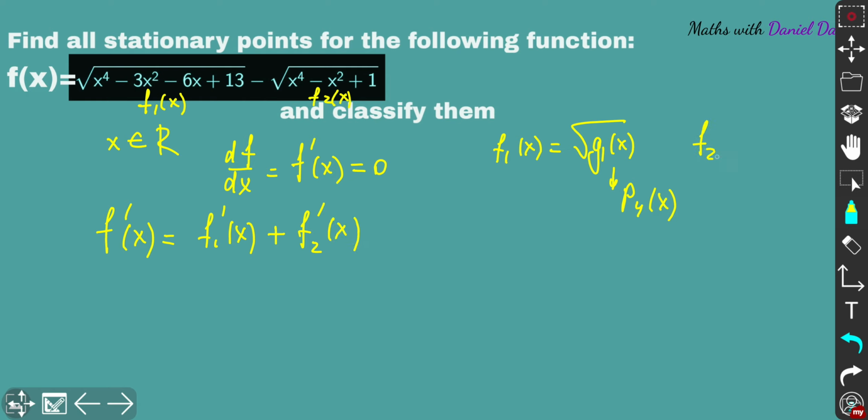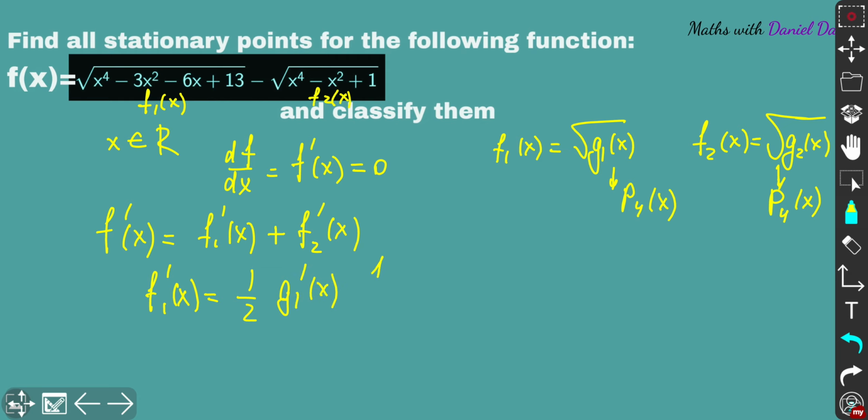So f1 from x represents a compound function, because it's the square root of another function g1 from x, where g1 is a polynomial of power 4 from x. What about the second function? It looks absolutely the same: the square root of g2 from x, and the internal function under the square root is a polynomial of power 4 from x. So f1 prime from x is 1 over 2 times g1 prime from x times 1 over the square root of g1 from x, according to the rule of differentiation.